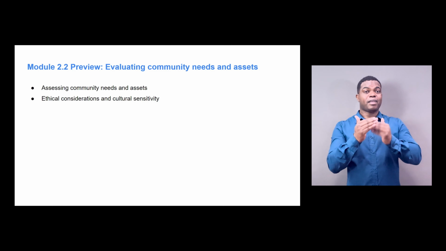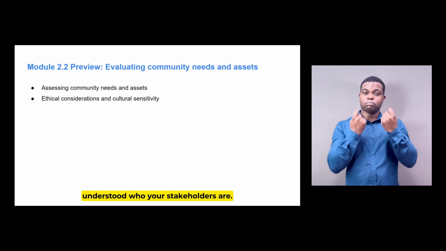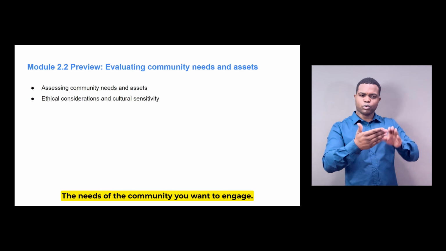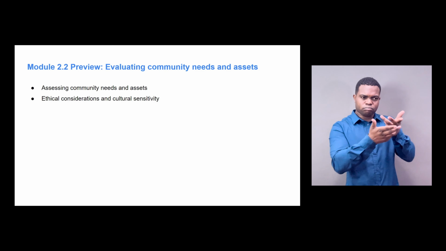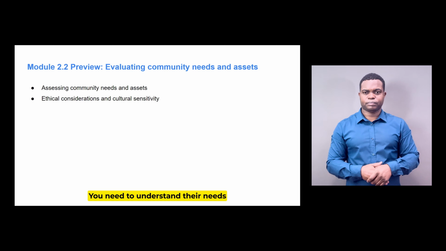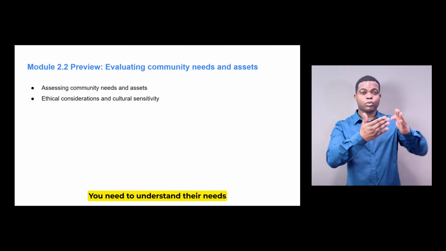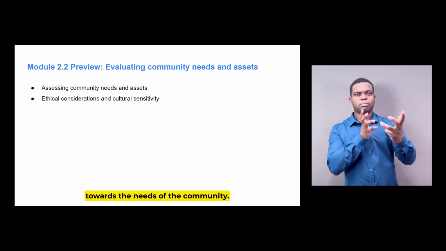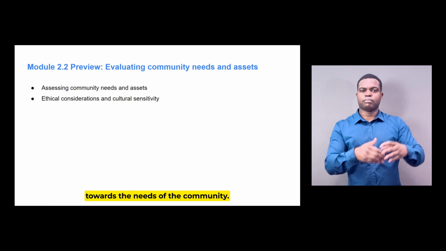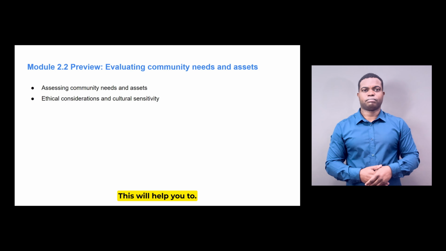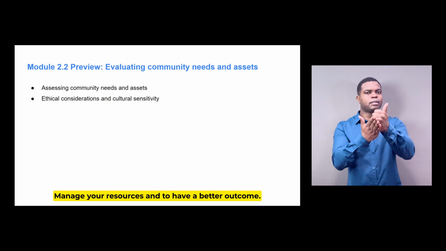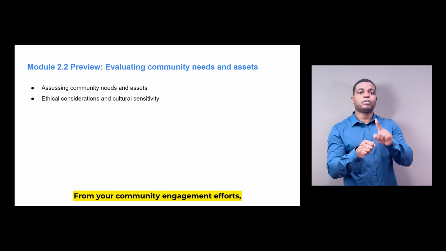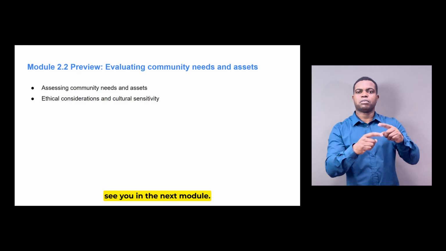After you have understood who your stakeholders are, you need to also check the needs of the community you want to engage. You need to understand their needs so that you'll be able to tailor your community engagement towards the needs of the community. This will help you to manage your resources and to have a better outcome from your community engagement efforts. See you in the next module.